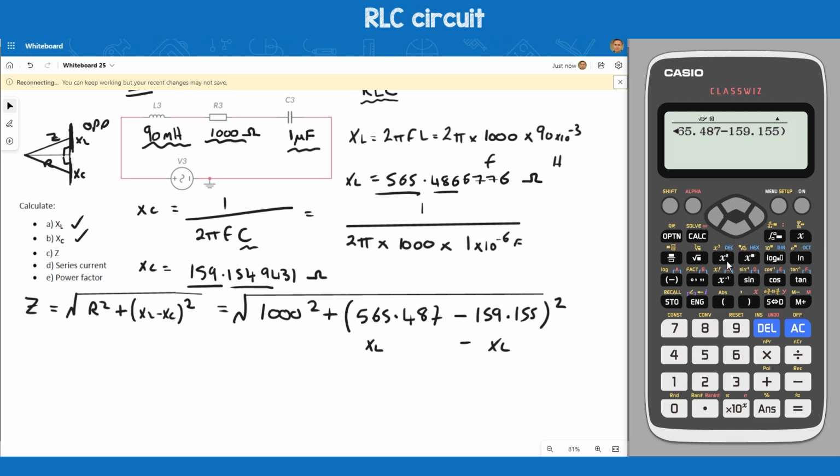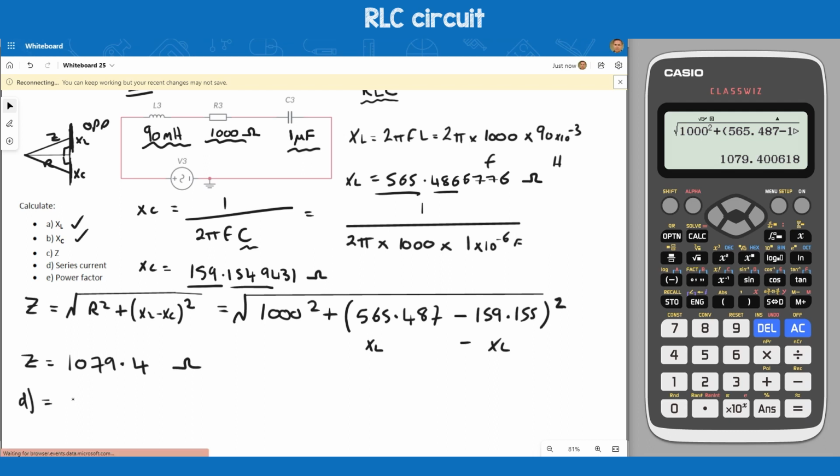Close that bracket and then square it to get this squared here, and that'll tell us the overall amount of ohms. The impedance is 1079.4 ohms. That's the length of the hypotenuse.